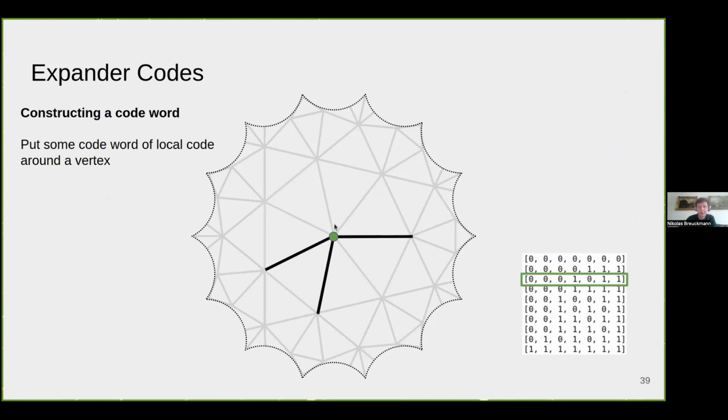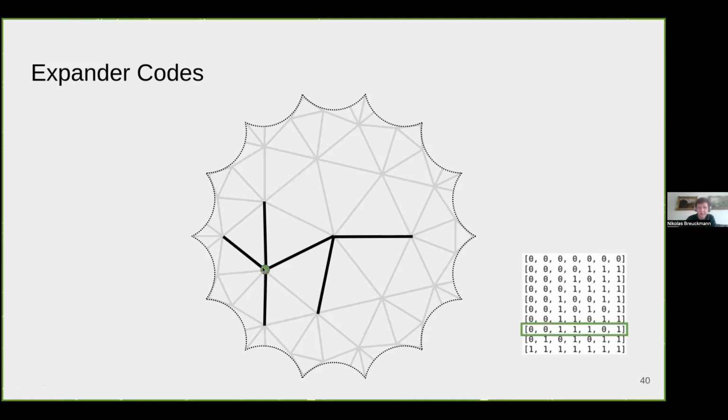So this is a code word, and all checks on this vertex will be satisfied. But now I created 3 problems, since the distance of the local code is 3, and there's only one edge supported here. These checks cannot all be satisfied.